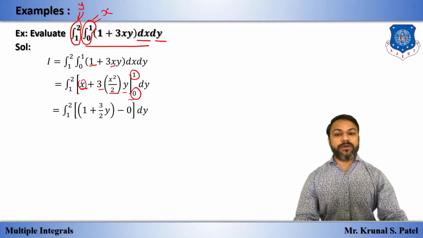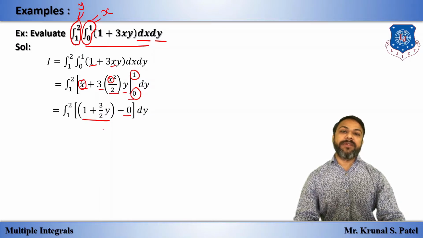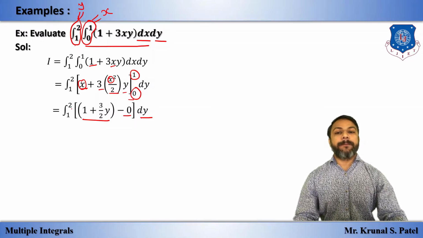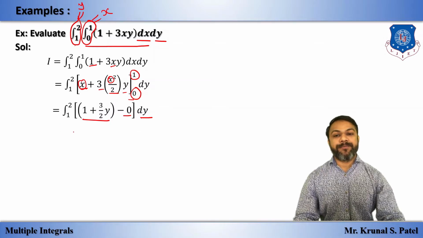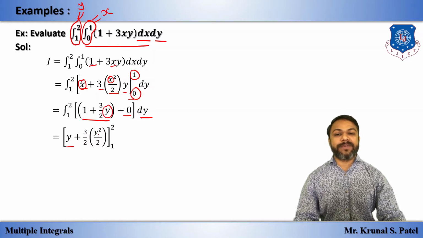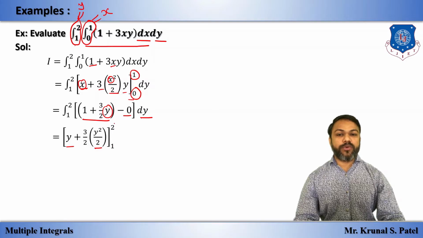This term is 0 and this term is 0, because 0 into anything is 0. Now we have the remaining expression, and we will integrate it with respect to the remaining variable y and put this limit in the place of y. So the integration of 1 is y, and the integration of y is y squared by 2. Upper limit minus lower limit: if we put the upper limit 2, we'll get 5.